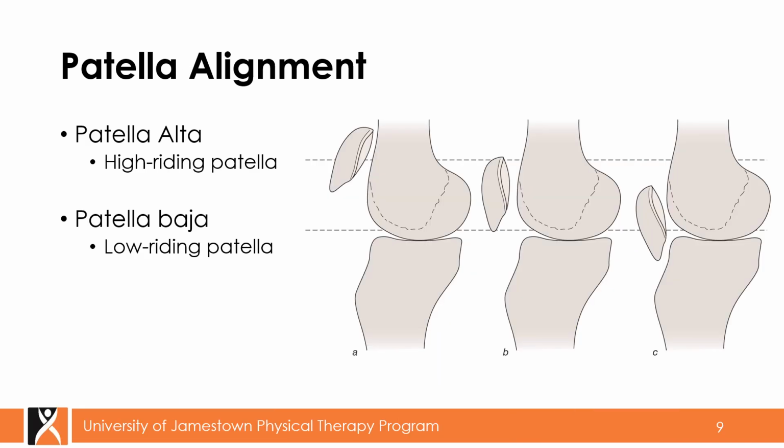The resting position of the patella can be described in a couple different ways. Patella alta is considered to be a high riding patella, and patella baja is considered to be a low riding patella. It has been found that if you have patella alta, it's usually due to a longer patellar tendon, and that may increase the risk of subluxations and dislocations of the patella.